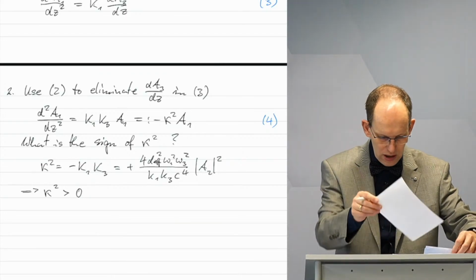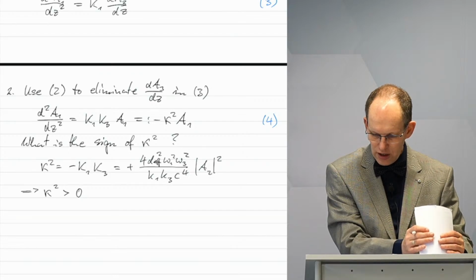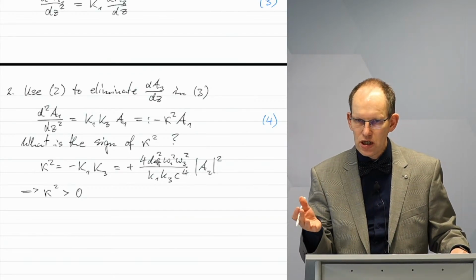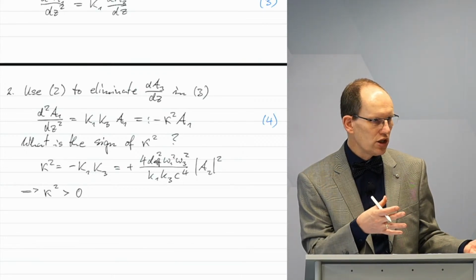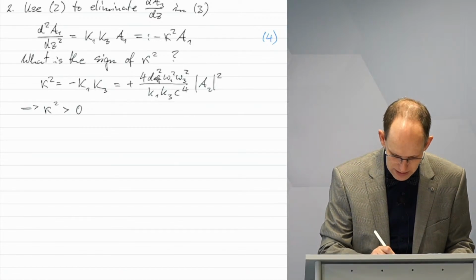And therefore, the solution of this differential equation 4 is a sinus-like function. In general, it's the linear combination of a sinus and a cosine. And this is what we want to write down.